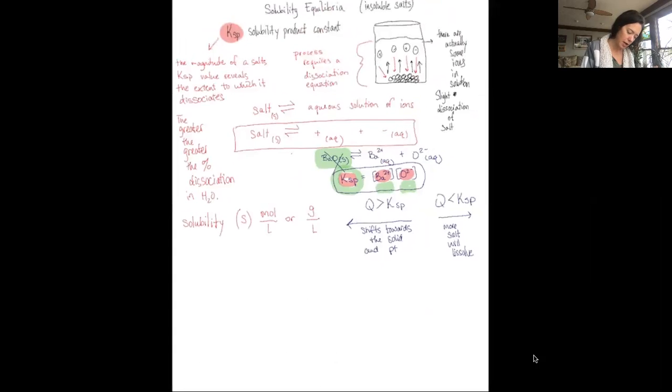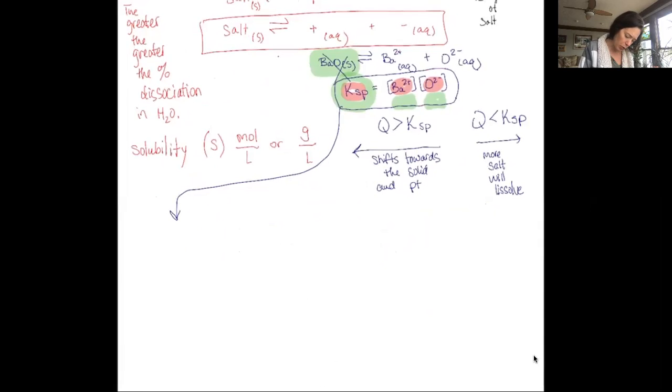What do I want to say? I want to look at this equation here. So Ksp here equals S times S, and that is S squared.